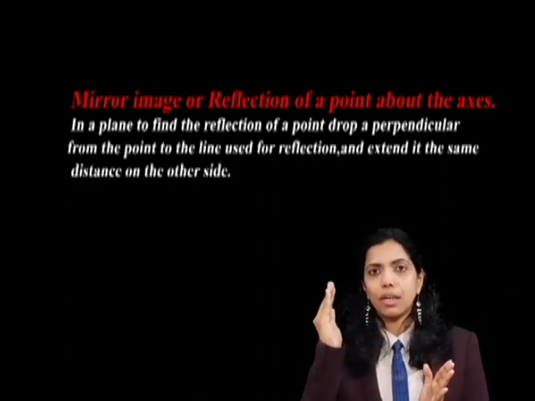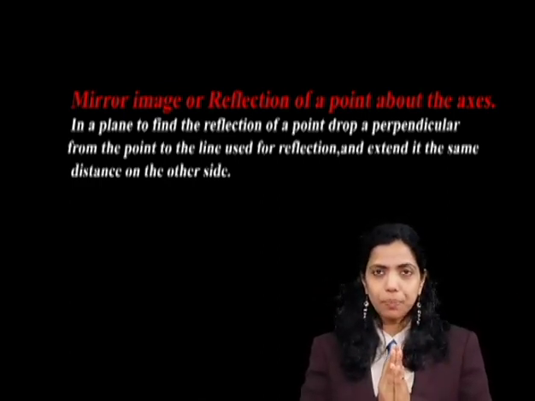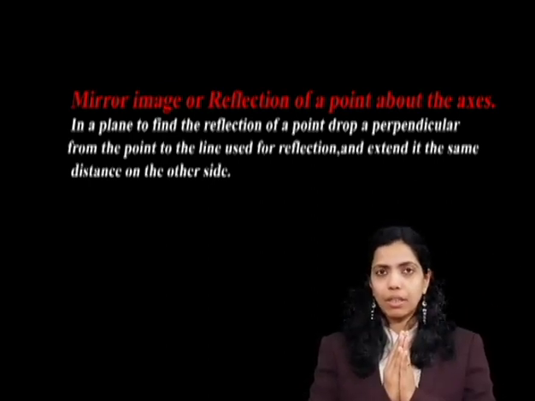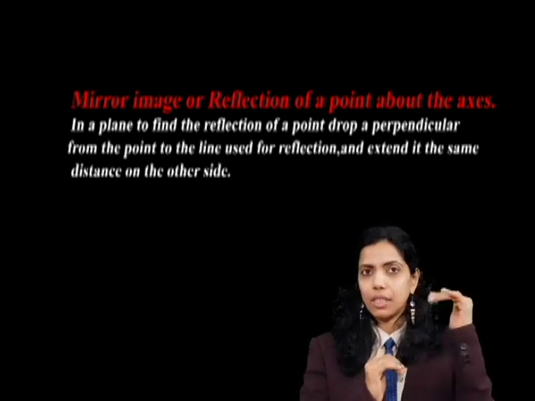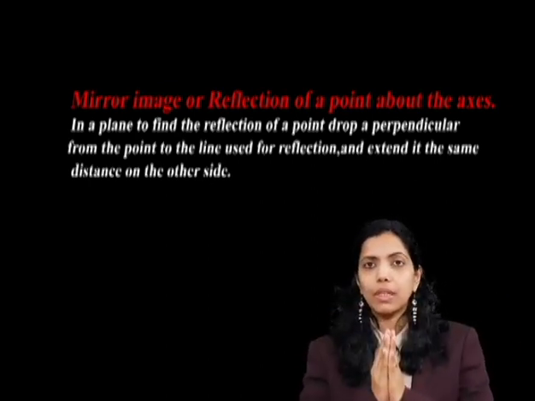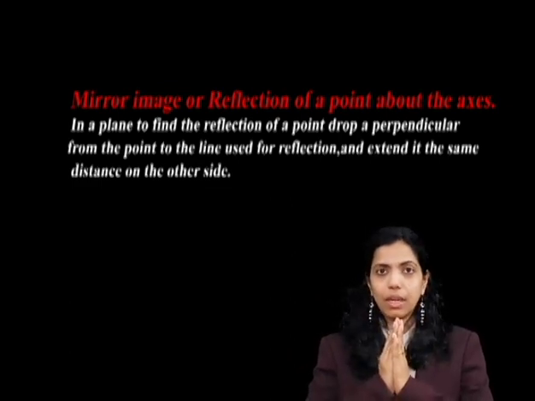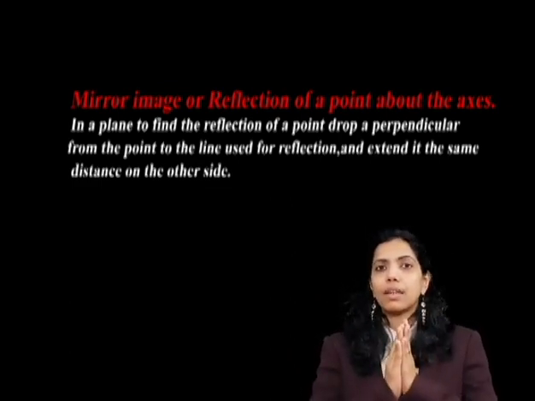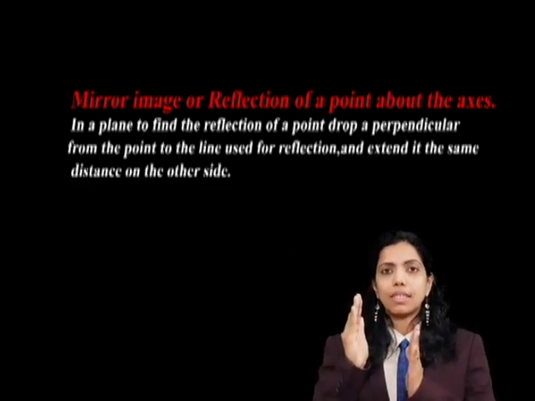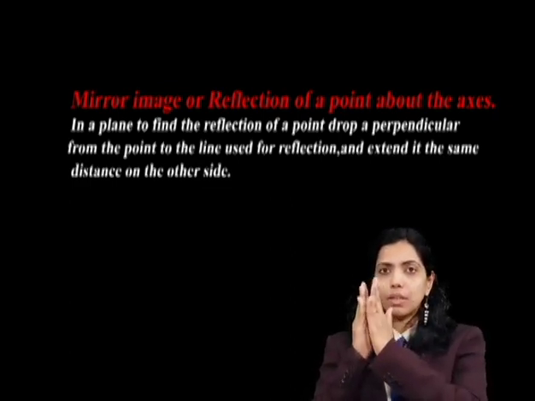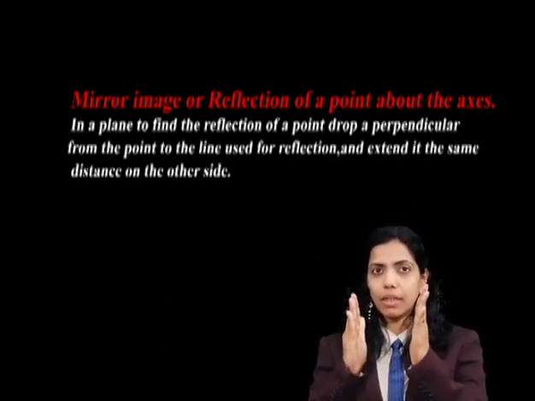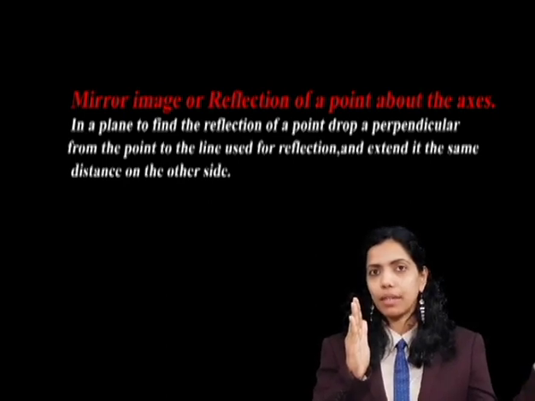So if you have a point in the first quadrant, for example, and we have the y-axis as the mirror line, we cross that y-axis, the mirror line, and move to the second quadrant.